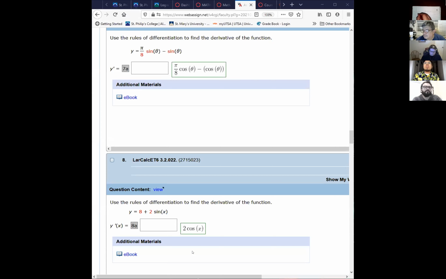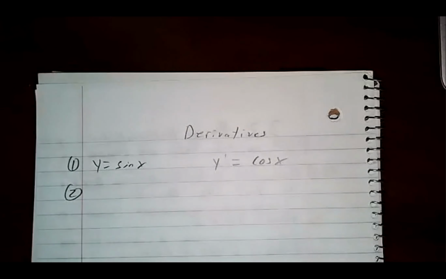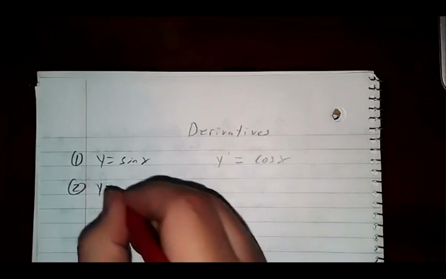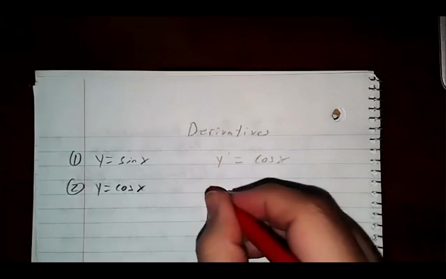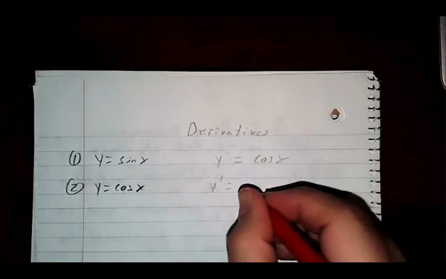Number 1, if y is equal to sine, the derivative, y prime, will be cosine. Number 2, if y is equal to cosine, the derivative will be negative sine.